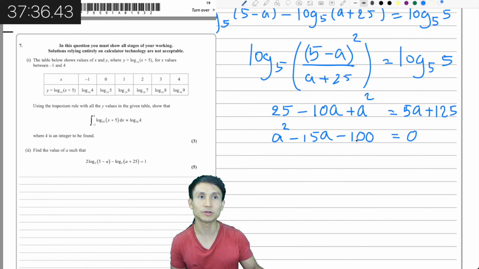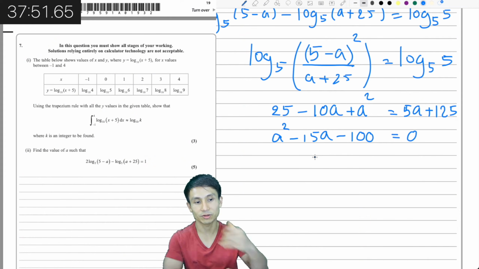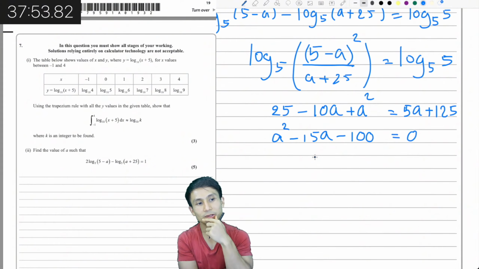Thinking of the two numbers multiply to 100 and add up to minus 15, that would be... I have no idea yet. Right, interesting. Did I make any mistake here?